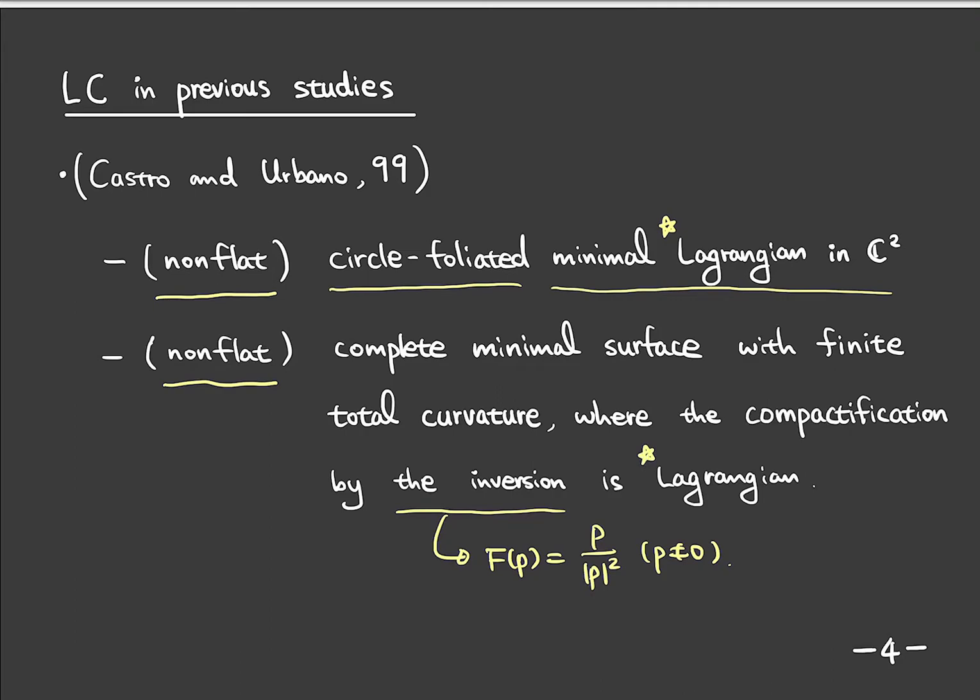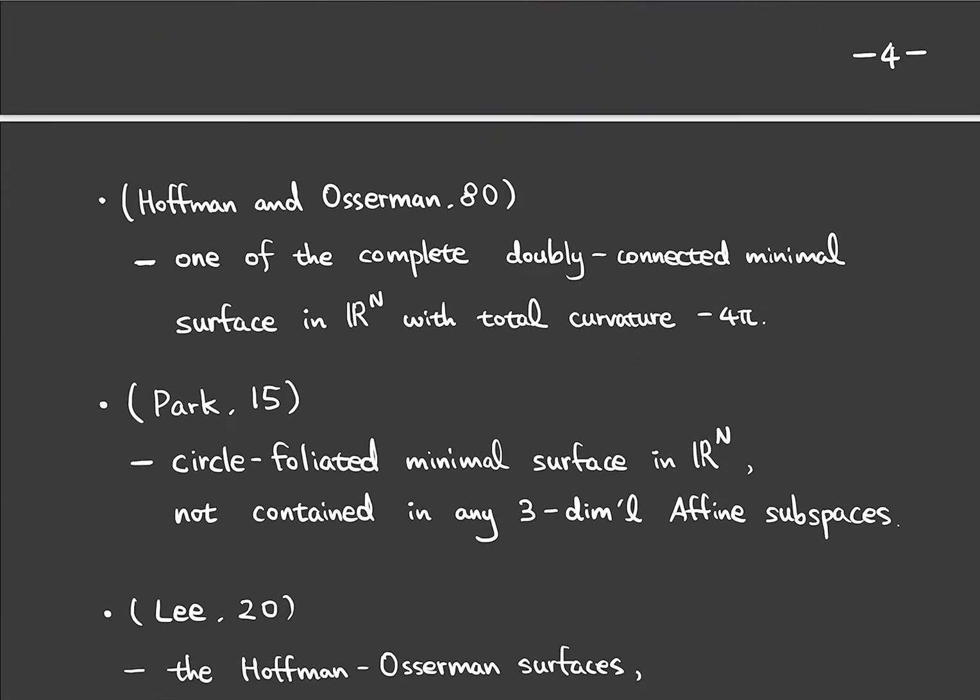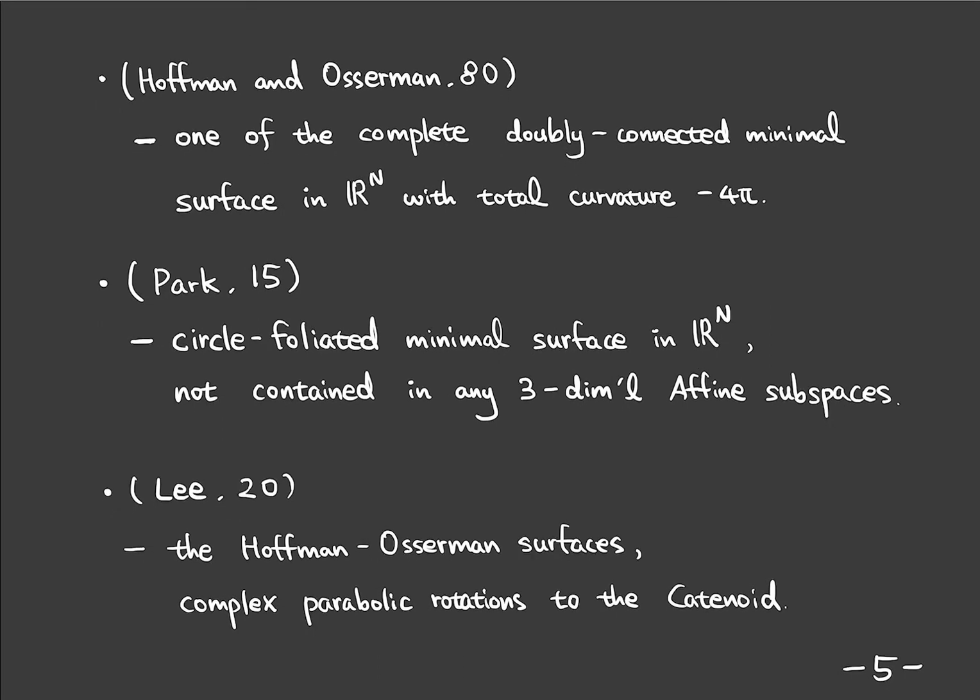Now, we will see how the Lagrangian catenoid has appeared in minimal surface theory. First, Hoffman and Osserman classified complete doubly connected minimal surfaces in Rn with total curvature minus 4 pi.